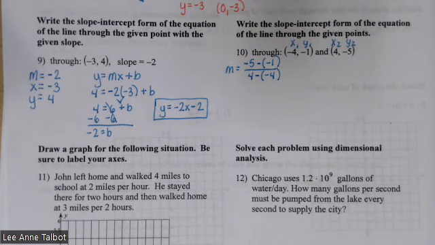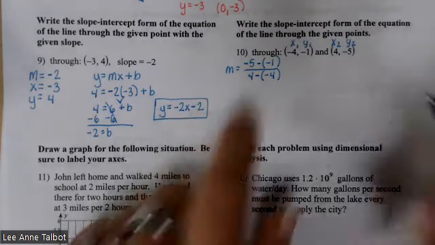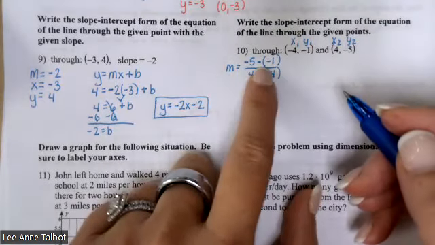I know I did that painfully slowly, but I did that because when I noticed you guys doing this on the whiteboard, the biggest mistake people made was not subtracting the slope properly. So make sure that you had subtraction and remembered the negatives. So what is -5 minus -1?